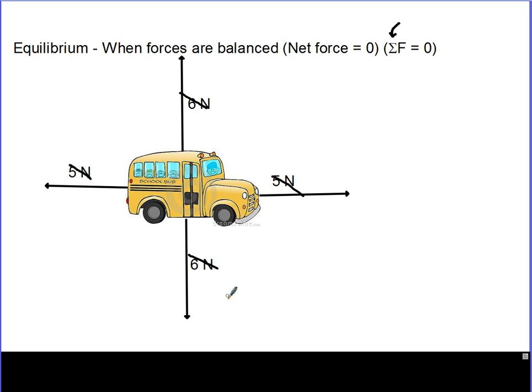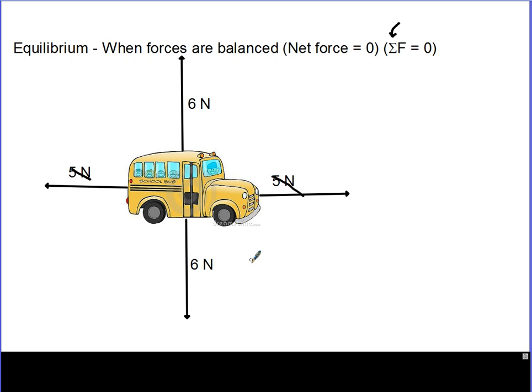One thing that's important to note is that something at equilibrium could be stopped, which I think is what we think about, although if it were stopped, we would expect this situation where we don't even have a forward and backward force, but that the normal force and the weight force balance each other.